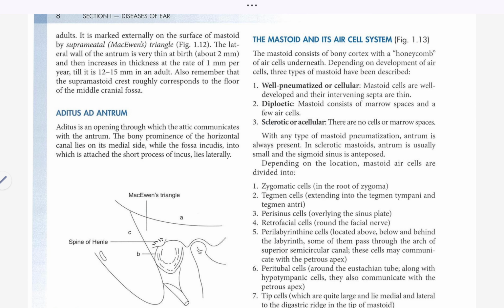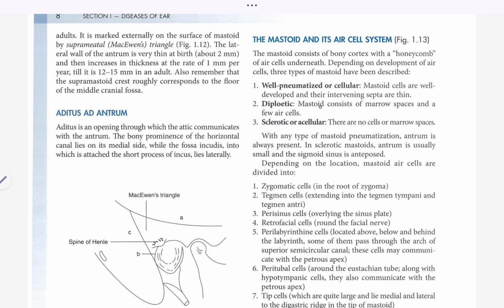The mastoid and its air cell system. The mastoid consists of bony cortex with a honeycomb of air cells underneath. Depending on the development of air cells, three types of mastoid have been described: well pneumatized or cellular, where mastoid cells are well developed and their intervening septa are thin.